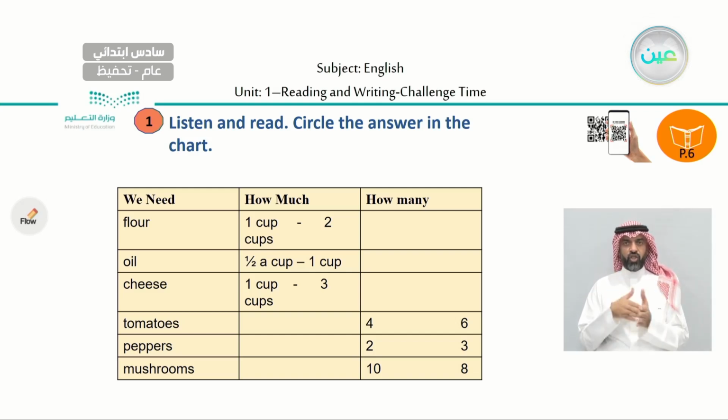Wow, that's a lot of cheese. What about tomatoes? How many tomatoes do we need? 4 tomatoes. Okay, 4 tomatoes. How many peppers? 2 peppers. How many mushrooms do we need? 10 mushrooms. Okay.